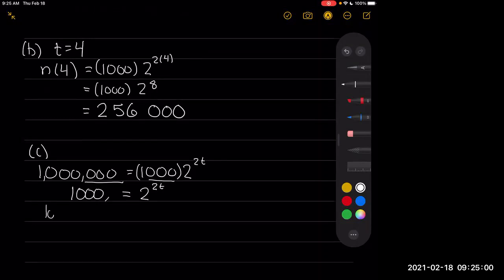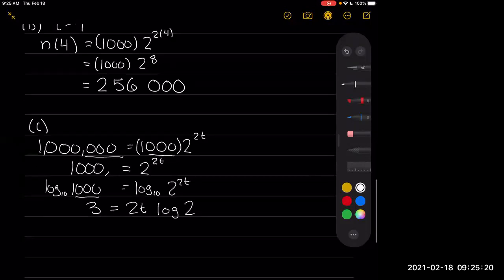So log 10 of 1,000 equals log 10 of 2 to the 2t. This just becomes 3 because we have 3 zeros. And now we can bring the exponent down and we get 2t log of 2.